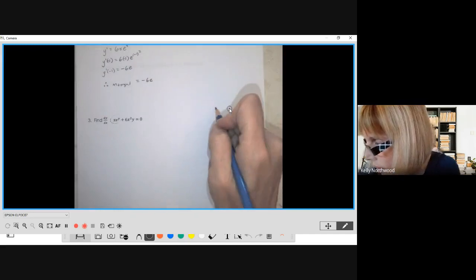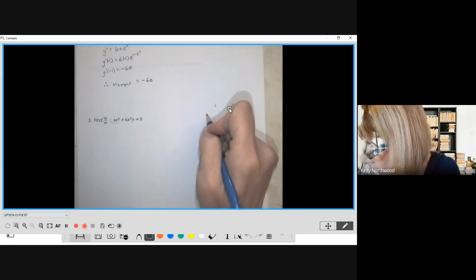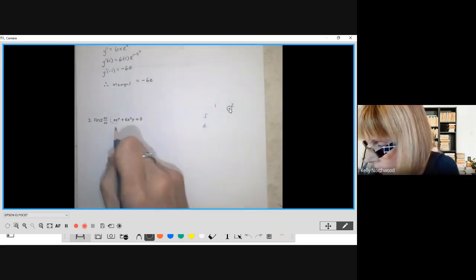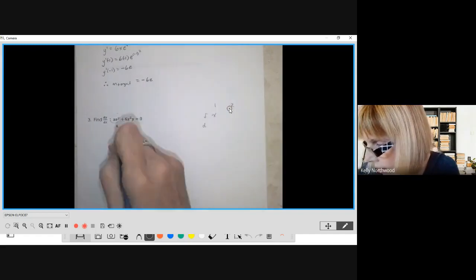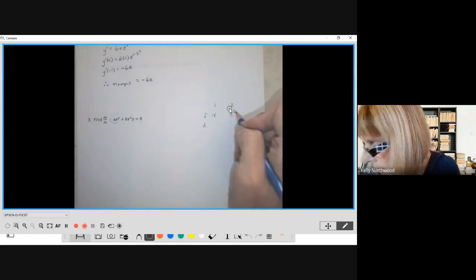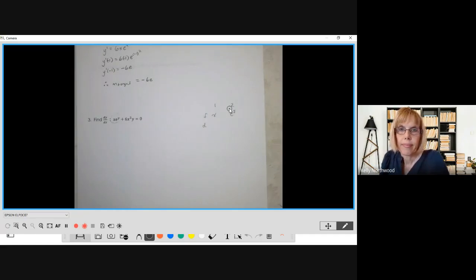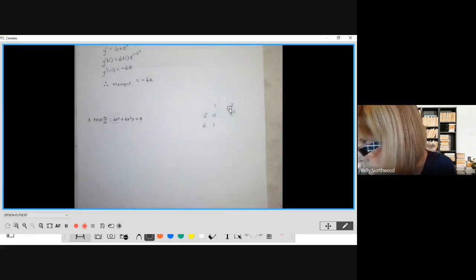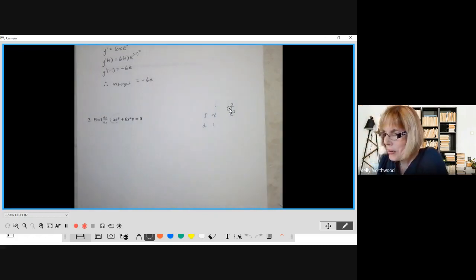So we need one chart here. So our first is x, and our second is e to the y. And the derivative of x is 1. Anyone want to take a stab at the derivative of e to the y?